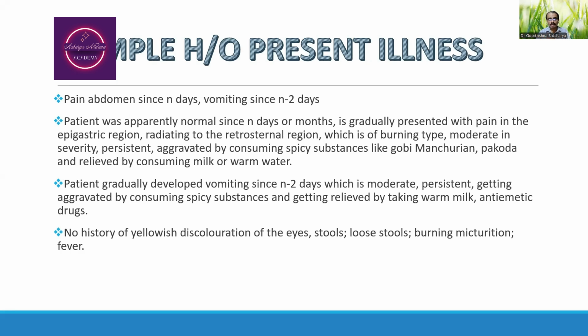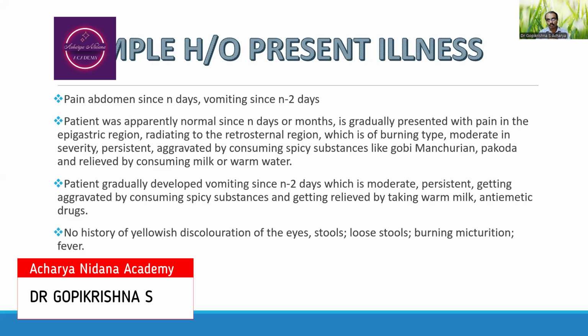Regarding one more example, let me put forth. Suppose the person is having pain abdomen since n days, vomiting since n-2 days, then this may be another way of writing the case history.